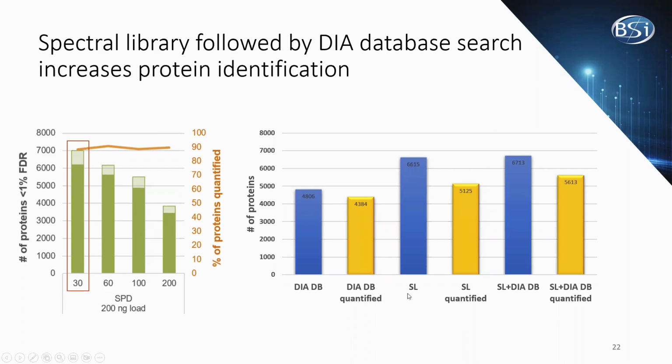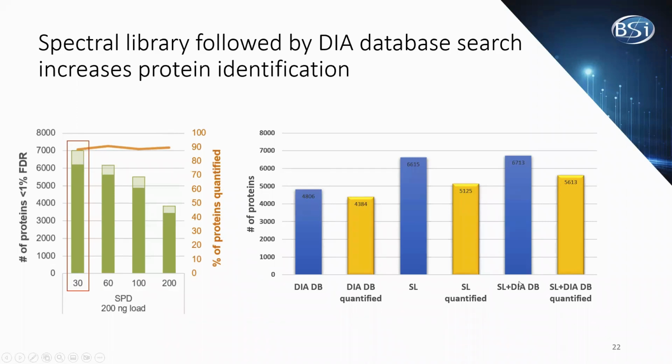With spectral library search, we've increased this to over 6,600 proteins, which is comparable to what was identified using DIA-NN as part of this workflow published by SCIEX. And over 5,100 of them could be quantified.